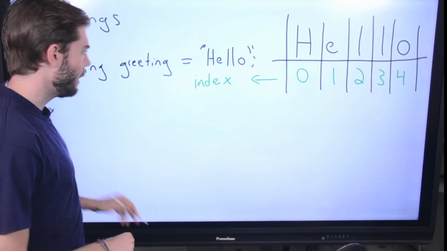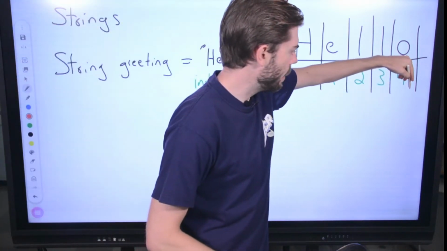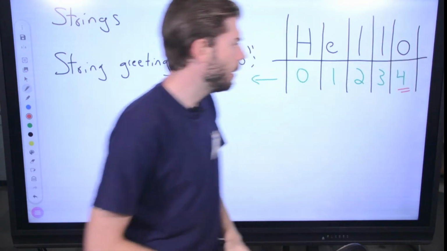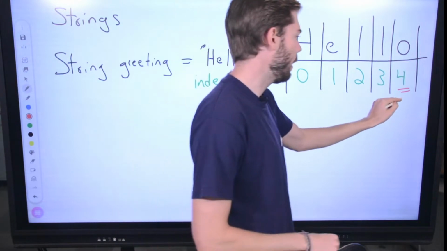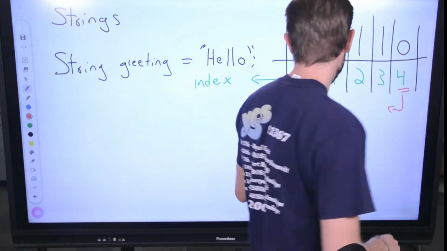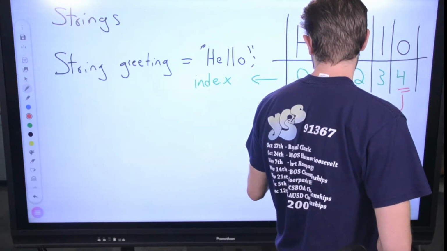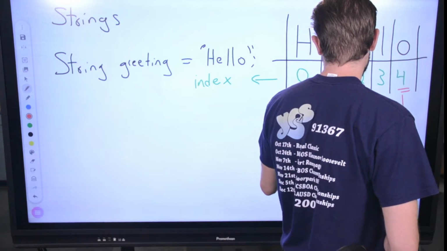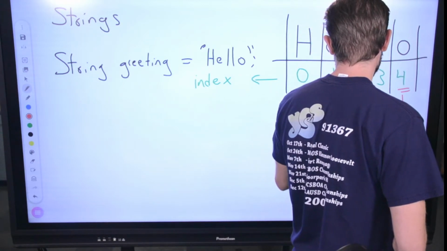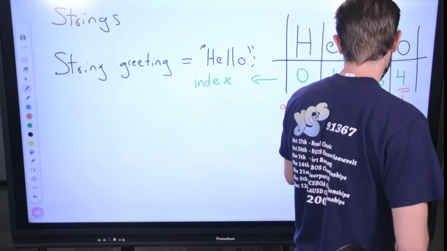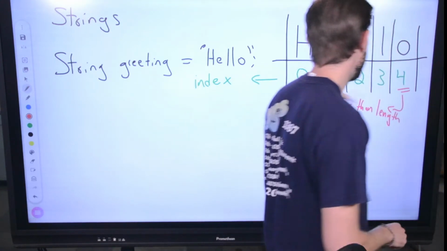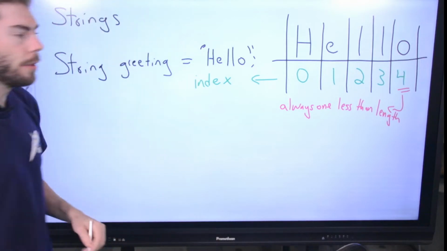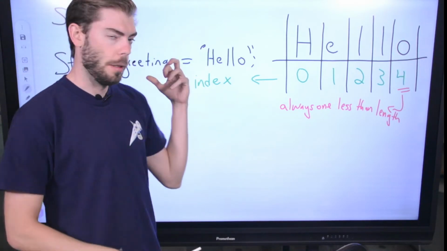One thing to note is that the index, the last number of the index, is always one less than the length of the string. Always one less than the length. So the word hello has 5 characters in it, but the index ends on 4.